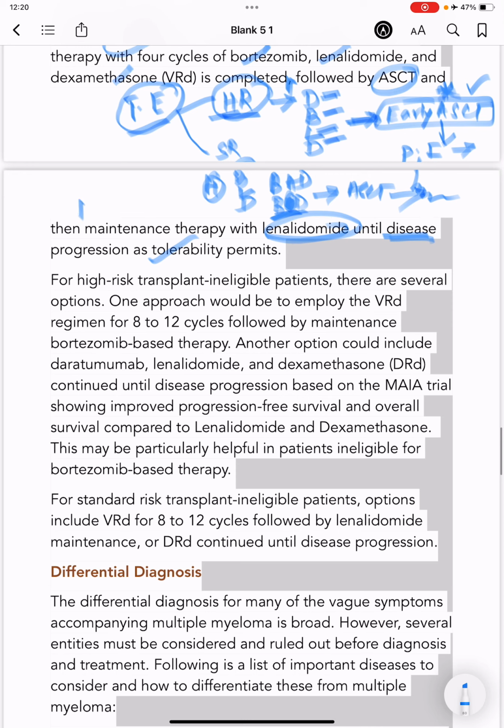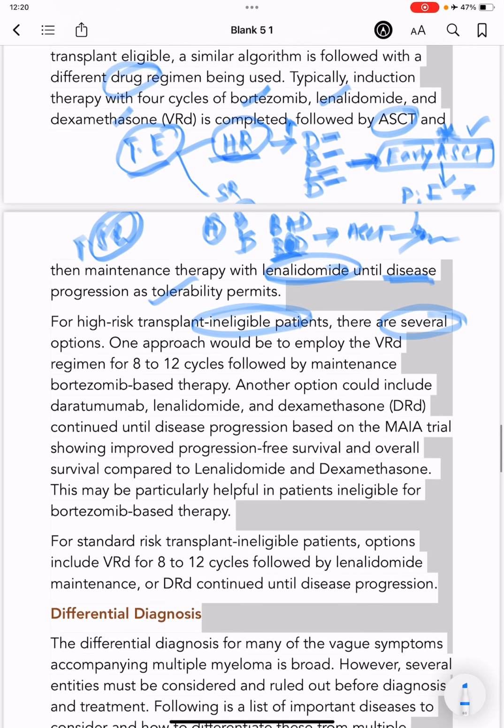So if the patient is transplant ineligible, there are several options. One approach would be to employ the VRD regimen, that is bortezomib, lenalidomide and dexamethasone, for 8 to 12 cycles followed by a bortezomib-based maintenance therapy.